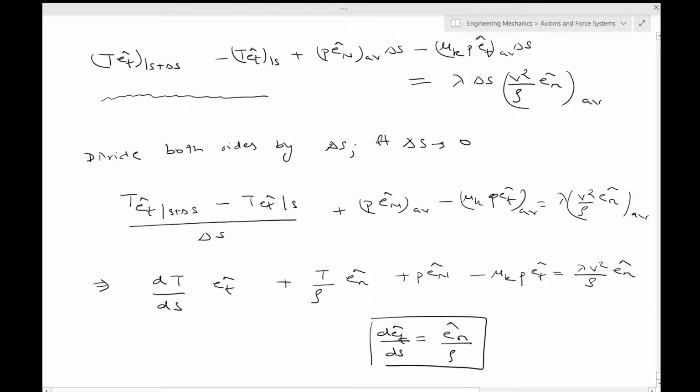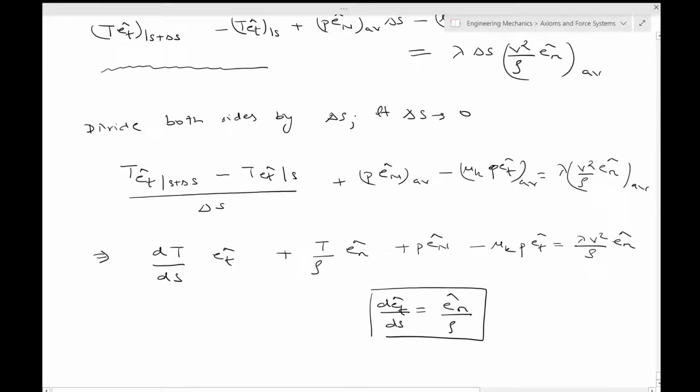This comes from equation 1.22, so please go back and check this. Think of it like a chain rule of differentiation.